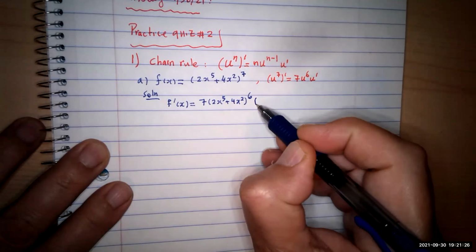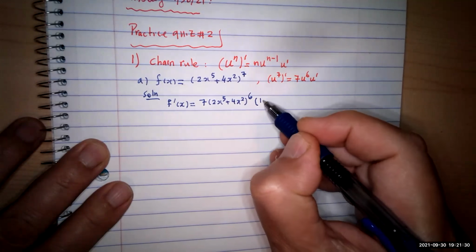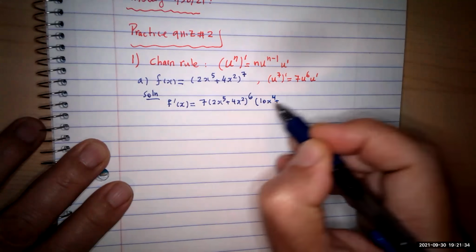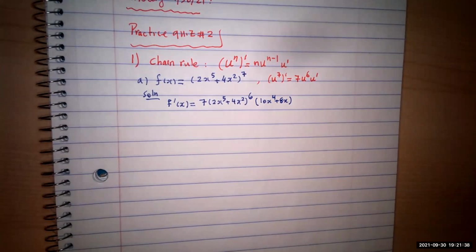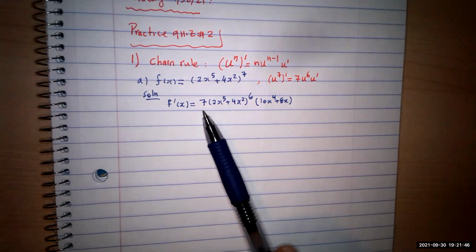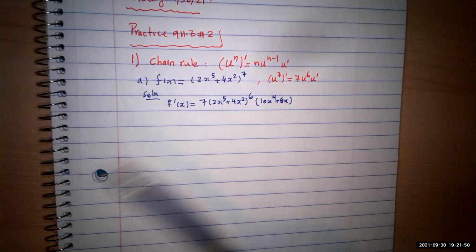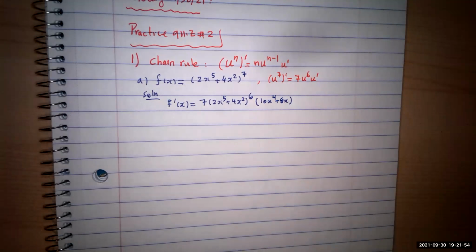So the u prime, derivative of the inside, you know that's going to be 5 times 2, 10, 10x to the 4th, plus 2 times 4, 8, and that would be 8x, and you're done. No simplification is possible. The only time that we're going to simplify, you see this is a single term, 7. If you get a single term over here or a monomial, you multiply them together. Otherwise, this would be the end of the problem.